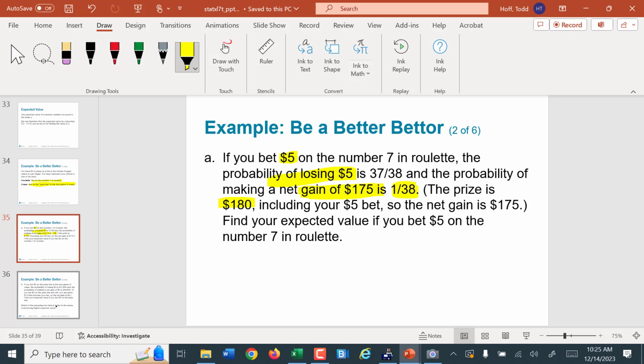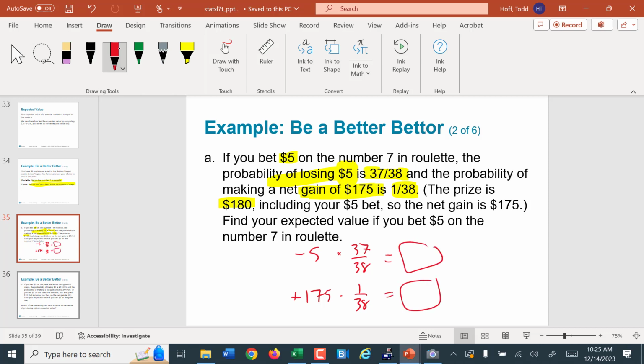There's only one 7 out of 38 numbers on the wheel. So the other 37 out of 38 chances, you're going to lose your $5. So we have lose $5, that's a 37 out of 38 chance, or gain $175, that's a 1 out of 38 chance. We find those numbers and add them together to give us the expected value here.